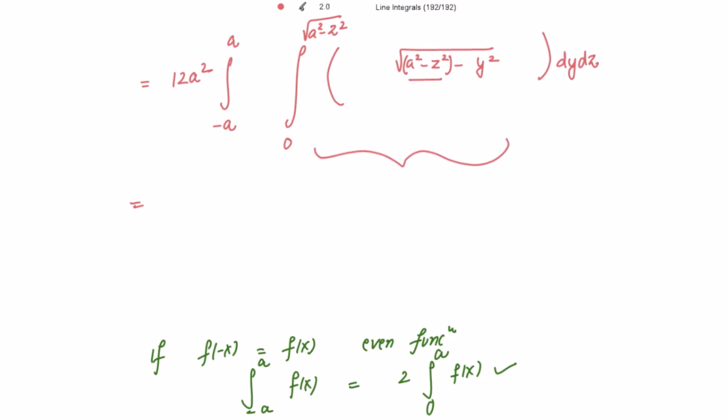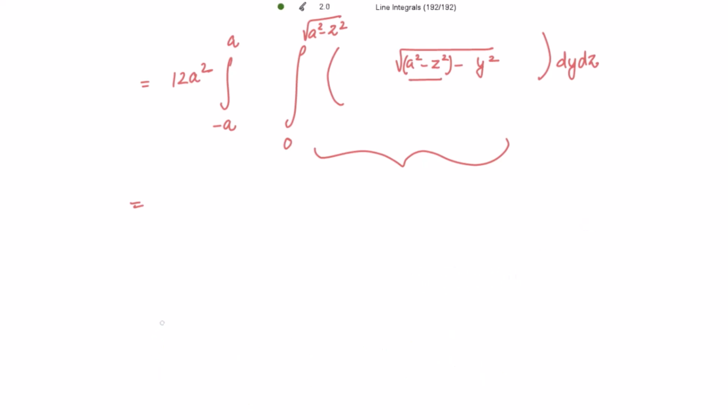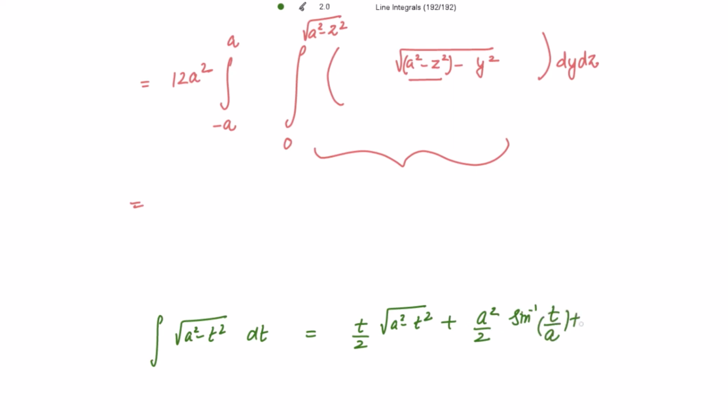A square minus z square is constant because this is the integration with respect to y. And we have the formula for this, that is integration of square root of a square minus t square dt is equal to t divided by 2 square root of a square minus t square plus a square by 2 sine inverse t divided by a plus constant, where this a is the constant and the integration is with respect to t.